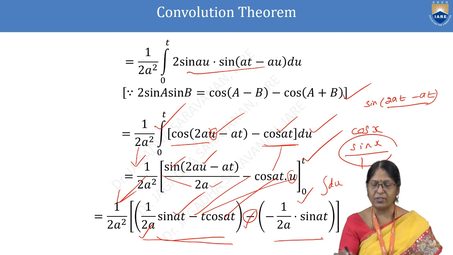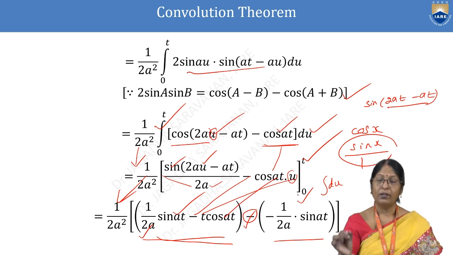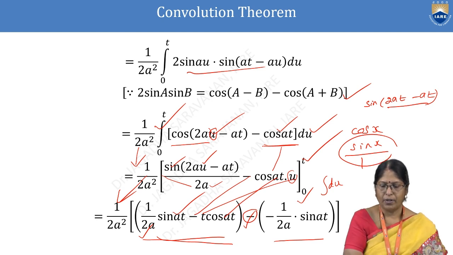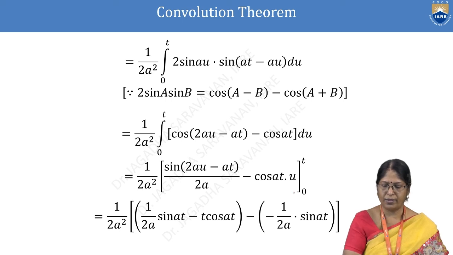Now this part, the lower limit: in the place of u, we are going to substitute the value 0. So we will substitute now. Here in u place we are substituting, and this is written as it is. This is the formula minus, we got it. Here sine of 0 minus at, we are getting, divided by 2a.